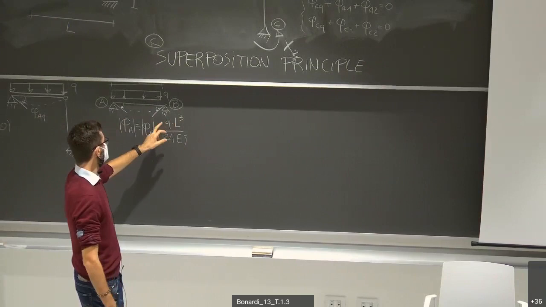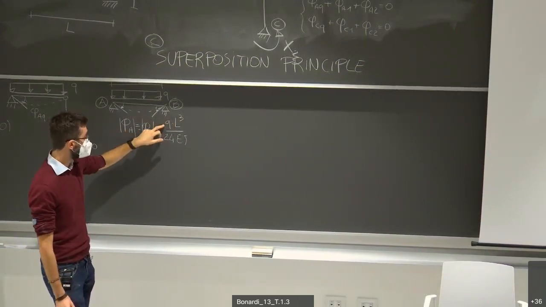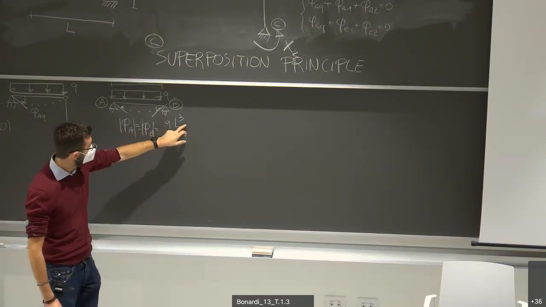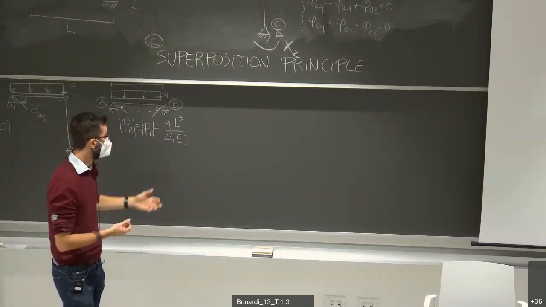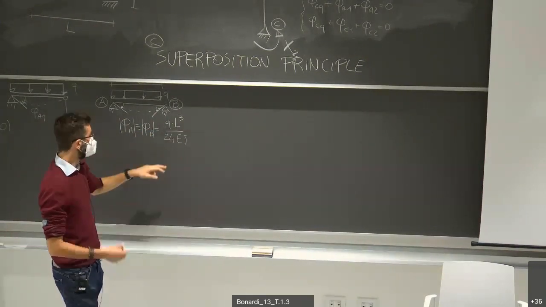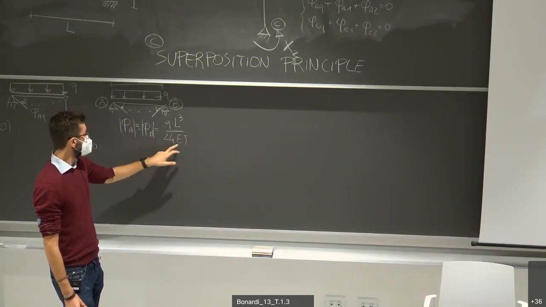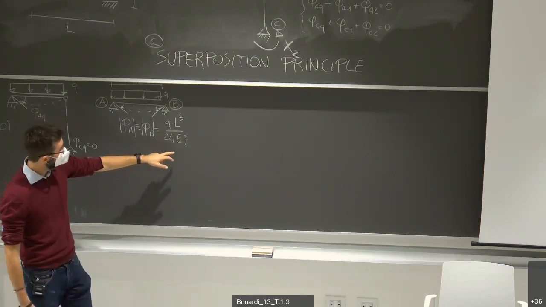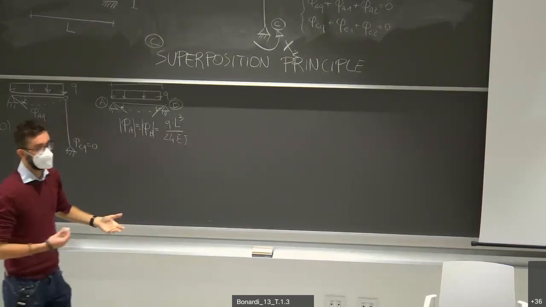So just to say, the rotation will be higher if the load increases, as we expect. It will be higher if the length increases, because the beam will be more flexible and less stiff. And it will be smaller if E or I increases, because it means that we are dealing with a stiffer material or a stiffer geometry.